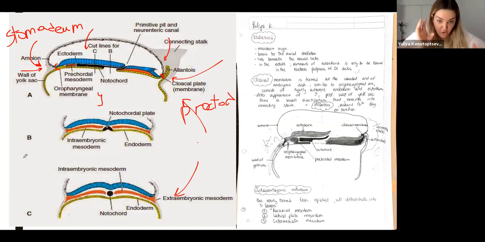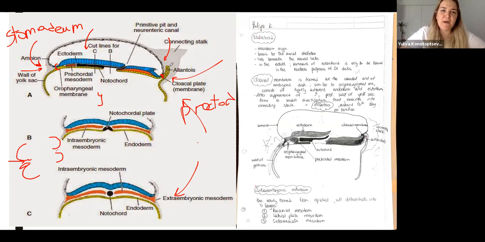So if I draw it very weirdly, that's the mouth right here. Okay, so that's the mouth, this is the tongue. And on the opposite end, of course, I don't draw the whole body, that's where the anal cavity is. So the mouth is stomodeum, the anal cavity is proctodeum.